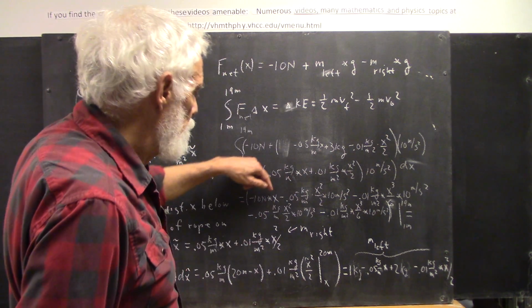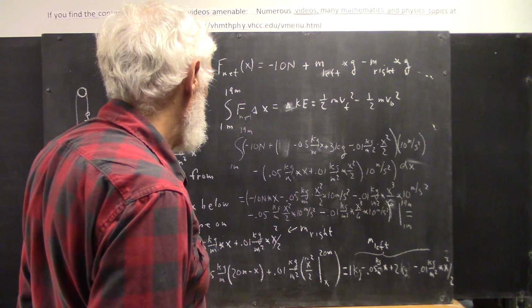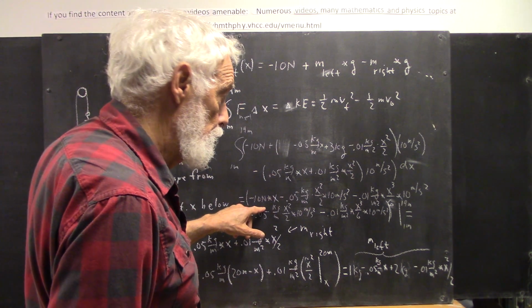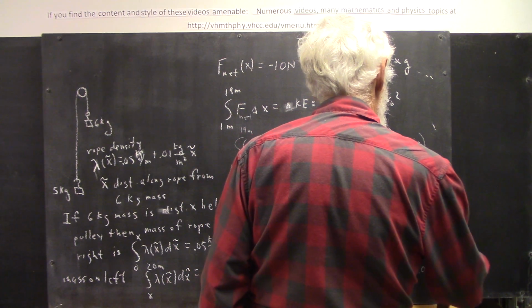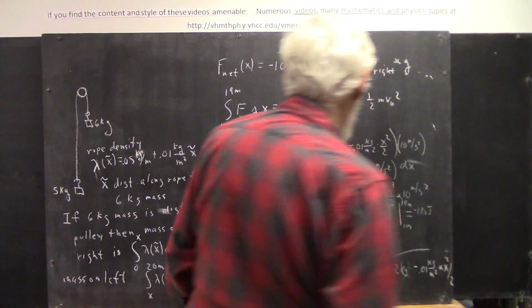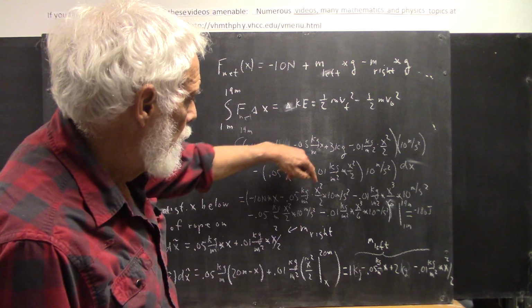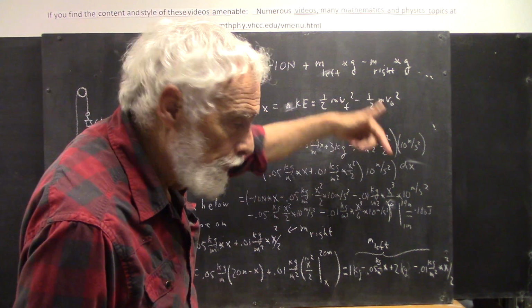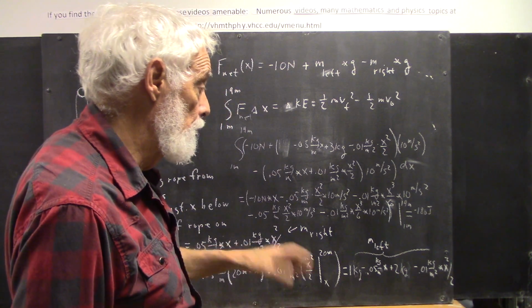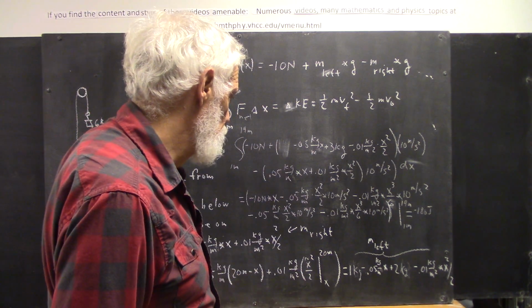Okay, the difference in x is going to be 18 meters, so we're going to have negative 180 joules from this term. x squared is going to change from 1 meter squared to 361 meters squared. That's going to be 360 meters squared.